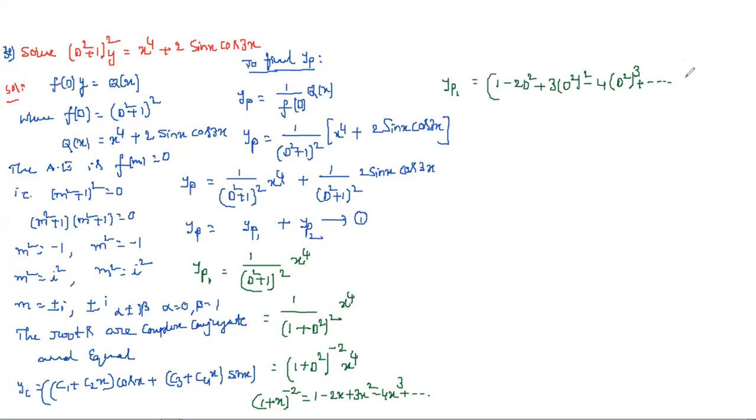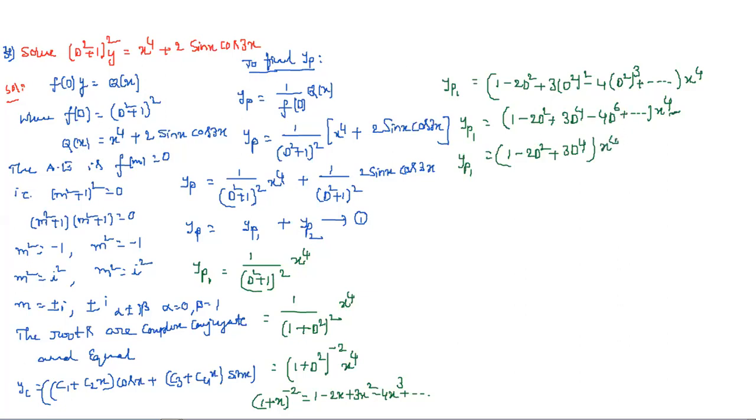So yp1 is equal to 1 minus 2D square plus 3D power 4 minus 4D power 6 plus and so on, into x power 4. But here the polynomial degree is 4, so taking terms up to D power 4 is enough. So 1 minus 2D square plus 3D power 4 into x power 4.